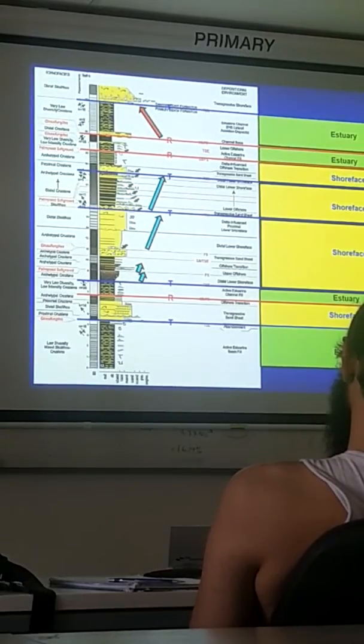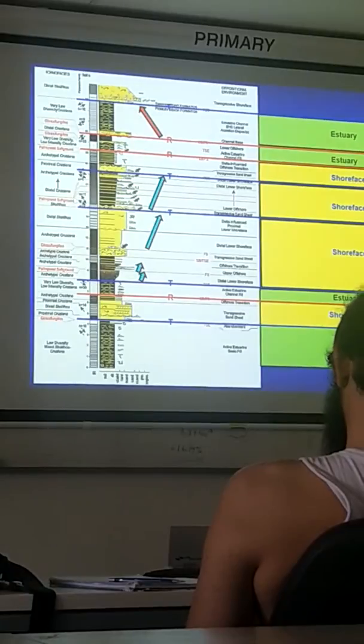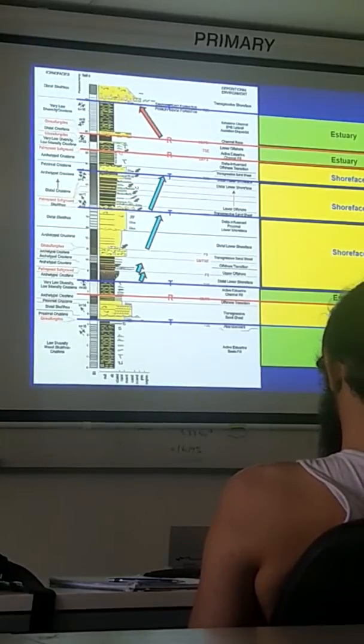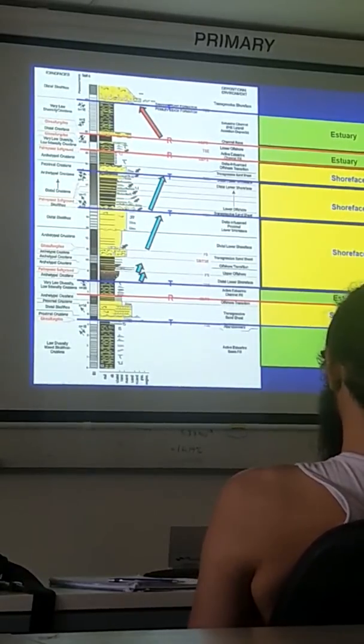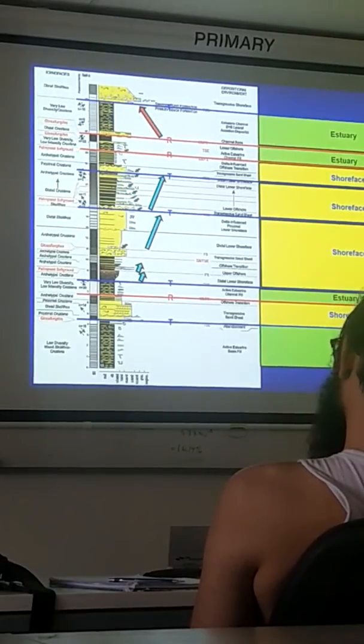So I've just gone through it all and basically divided it very simply into either estuary or shore face. We can do it a lot more detailed than that, but this is, if you like, more towards the land. This is more towards the ocean. And in between, since we went backwards and forwards all these times, we've got to have these transgressions and regressions in order to accommodate that interpretation.